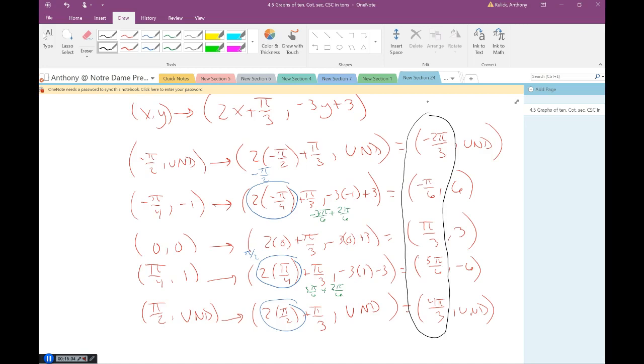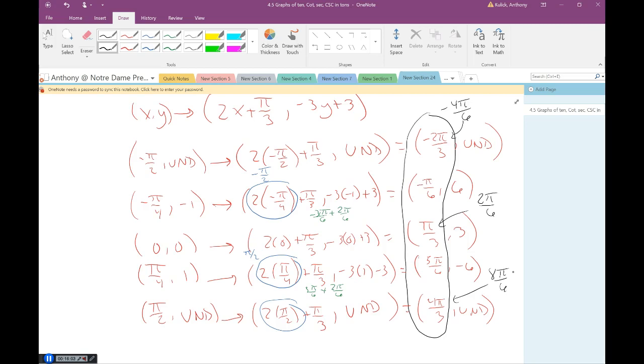So instead of thinking about negative 2 pi over 3, I'm going to think about that as negative 4 pi over 6. And instead of pi over 3, I'm going to think about that as 2 pi over 6. And then instead of 4 pi over 3, I'm going to think about that as 8 pi over 6. And then I'm just going to go up by sixths of pi on my graph.